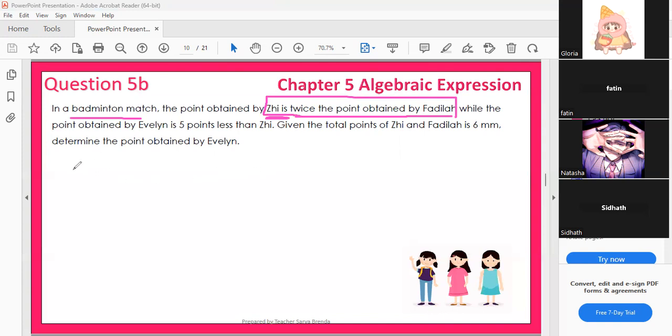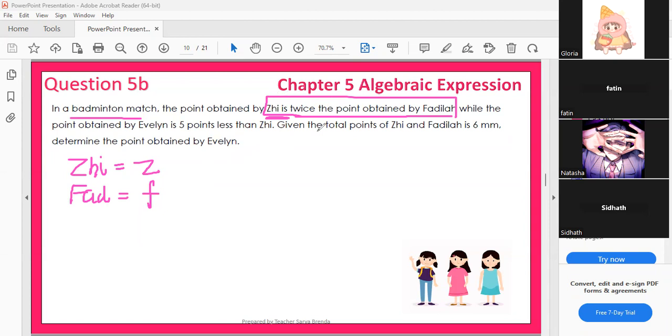So how do I do this? First of all, give an alphabet. So if I want to call Z, we can give him maybe Z because it's easier to remember. When Fadila, we can give F. Okay. All right. So now, look at this sentence.